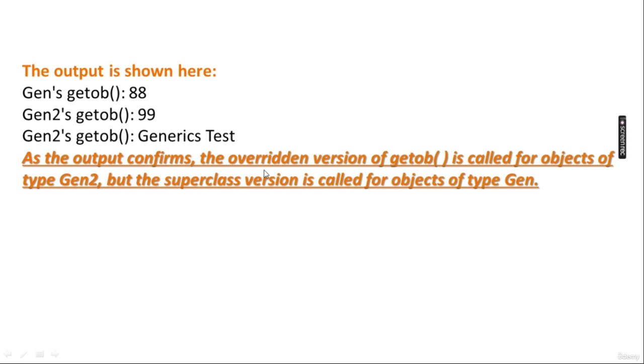As the output confirms, the overridden version of getObject is called for objects of type Generic2 every time. Okay, but the superclass version is called for objects of type Generic. Okay, this is for Generic, that is the base object, and this is for the subclass method getObject of Generic2.